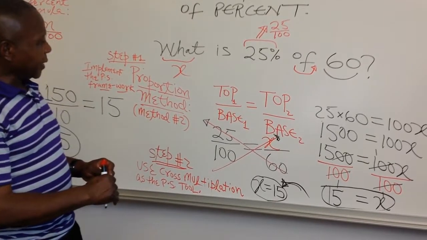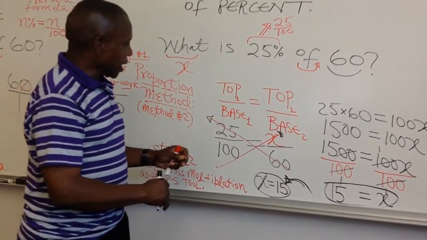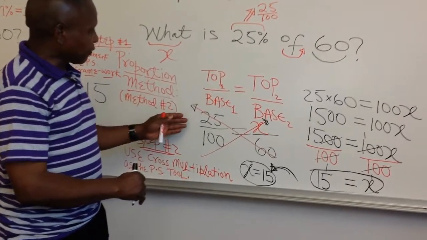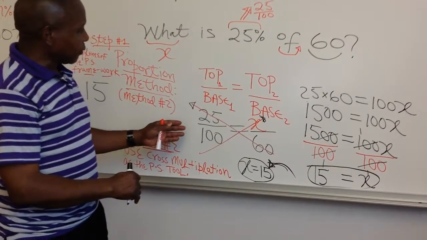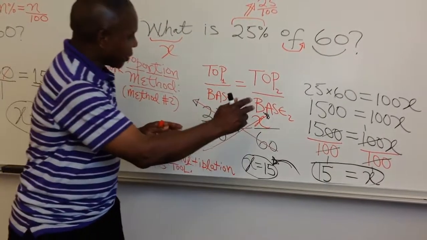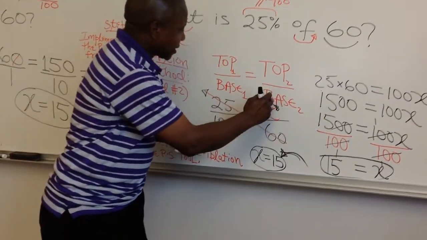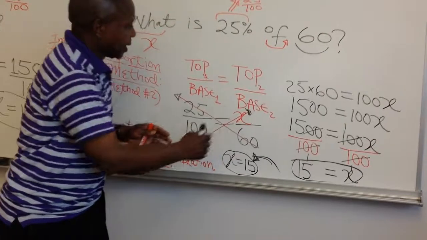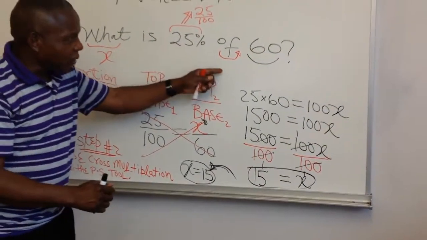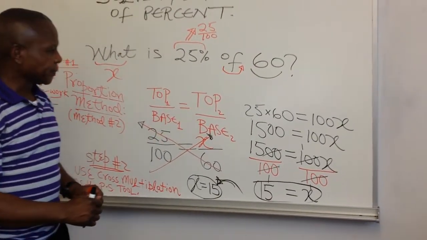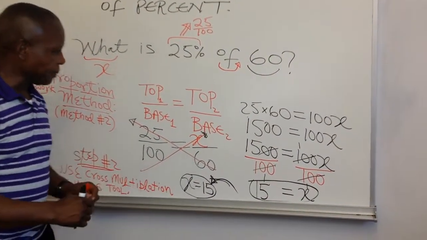And then, of course, note that the left part of the problem will involve 25 over 100, and the right side will be x over 60, based on the implementation of this approach. Because whatever comes after the word "of" must be a base. And of course, 60 happened to be that base.